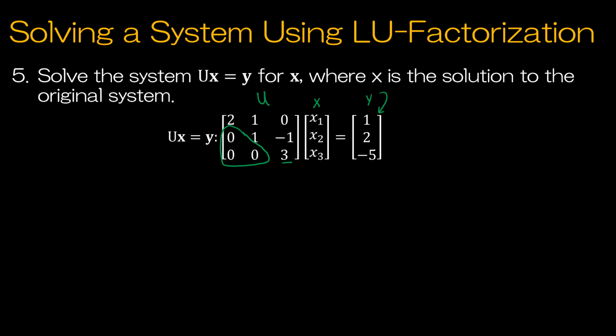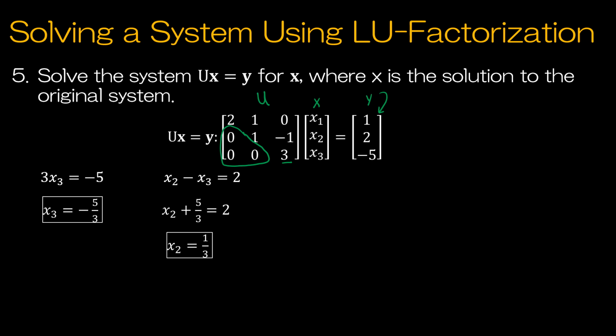So 3x3 is equal to negative 5. And I'm just going to solve that to get x3 equals negative 5/3. And then I have x2 minus x3 is equal to 2. Replace x3 with negative 5/3, so minus negative made it plus. Subtract 5/3 from each side to get x2 is equal to 1/3.